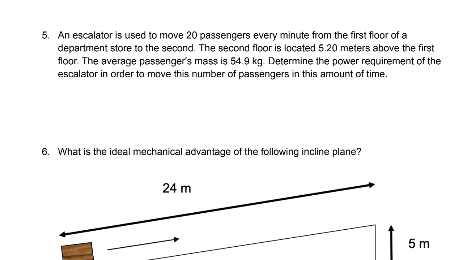All right, problem number 5 tells us that we've got an escalator moving passengers, a certain number of passengers every minute. We're going to try to figure out the power requirement of that escalator. So the power into the escalator will be the energy that it gives to these passengers, but that energy will just be stored energy in their new gravitational potential energy.